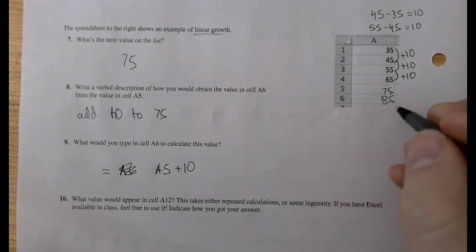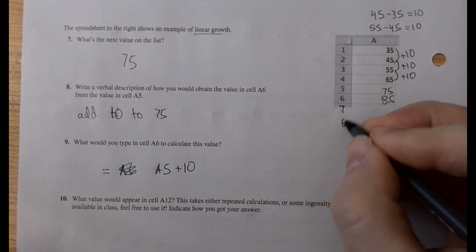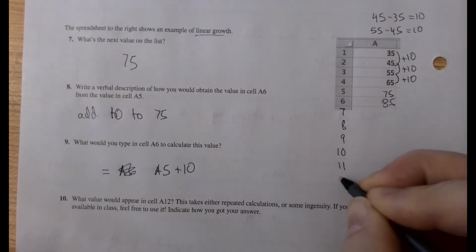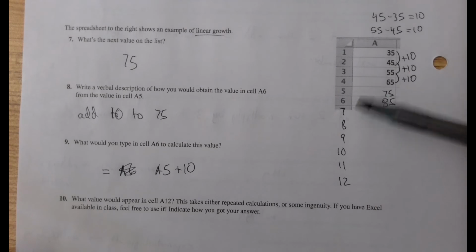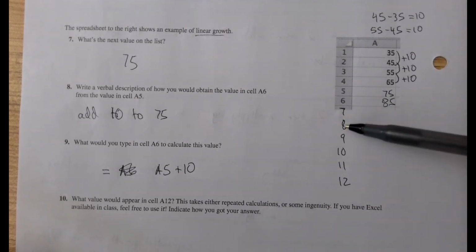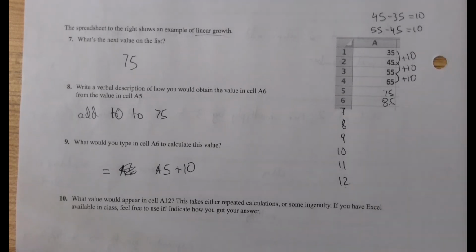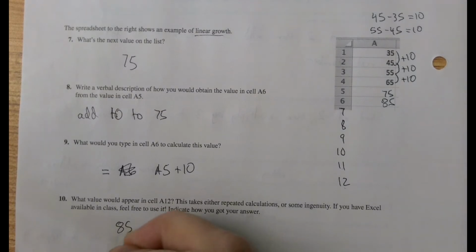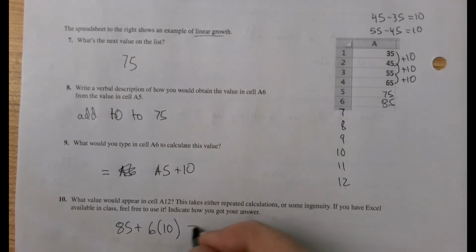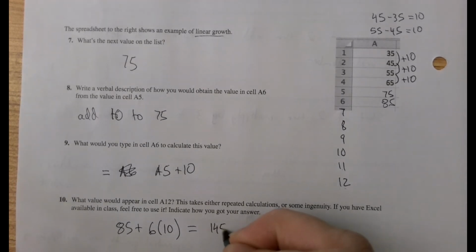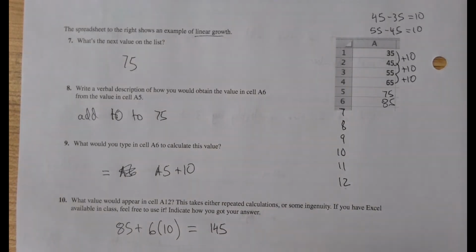Well, we're going to go 7, 8, 9, 10, 11, 12. If we count up what's happening here, we have to add 10 six times. So we do 85 plus 6 tens. Oh, that's 85 plus 60. So that's 145. That's what would show up in that cell.